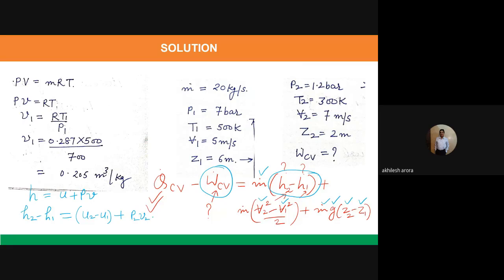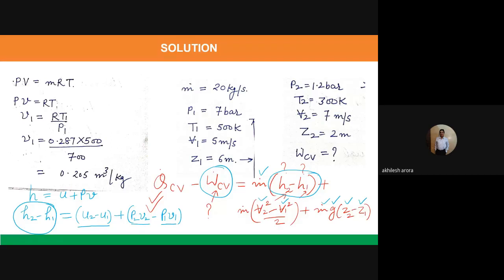Is it clear? That means I will have to calculate the change in internal energy, and then the product of pressure and volume at inlet and outlet, take their difference and add it to the change in internal energy. Then I will get the value of h2 minus h1. This is one way of calculating the change in enthalpy.